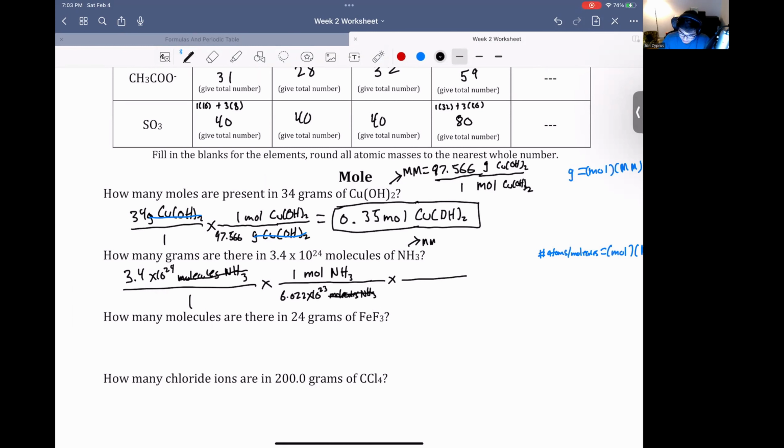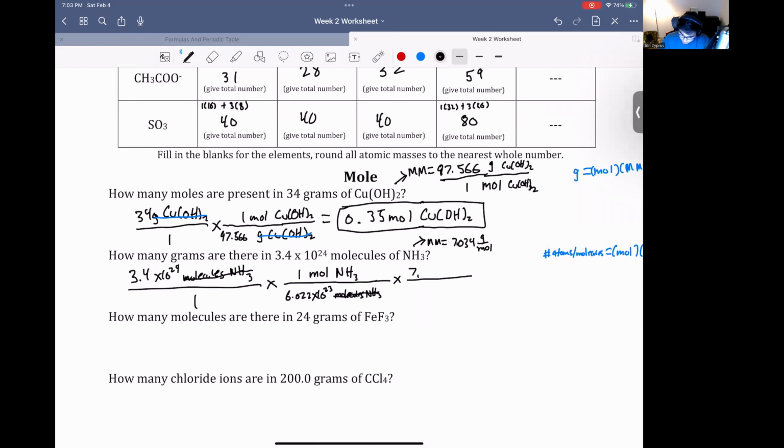The molar mass is 17.034 grams per mole, right? And again, it's grams of NH3 for 1 mole of NH3. So 17.034 grams of NH3 for every 1 mole of NH3.